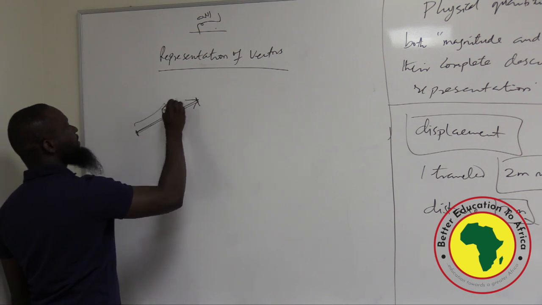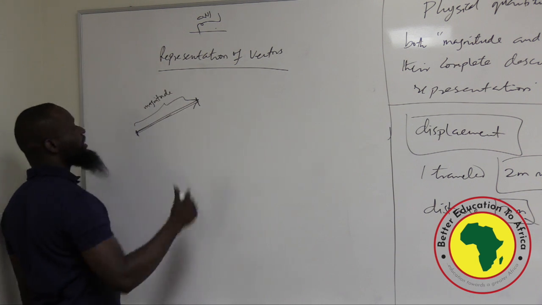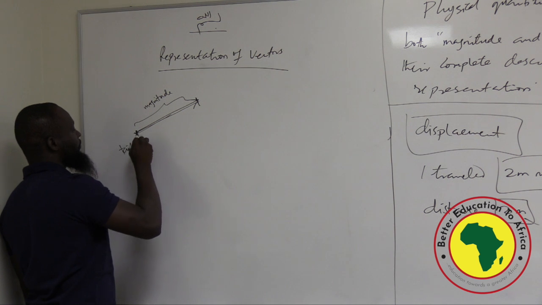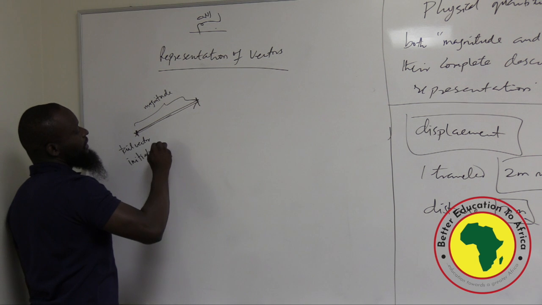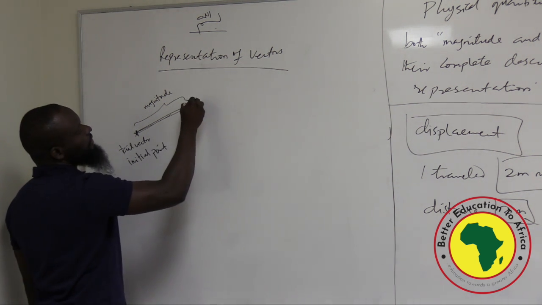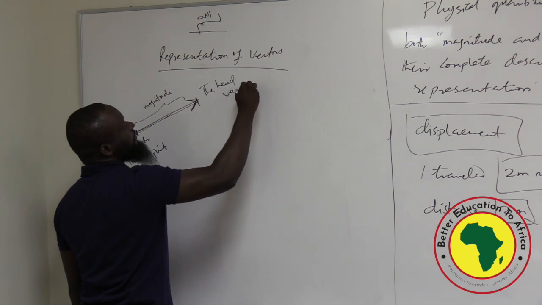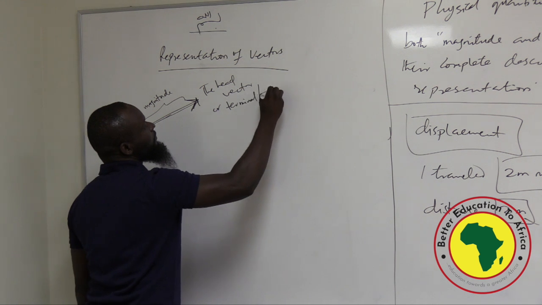The length represents the magnitude. So the longer the length, the larger the magnitude. This is called the tail vector or initial point. And the head of the arrow is called, okay, the head vector or terminal point, terminal or end point.